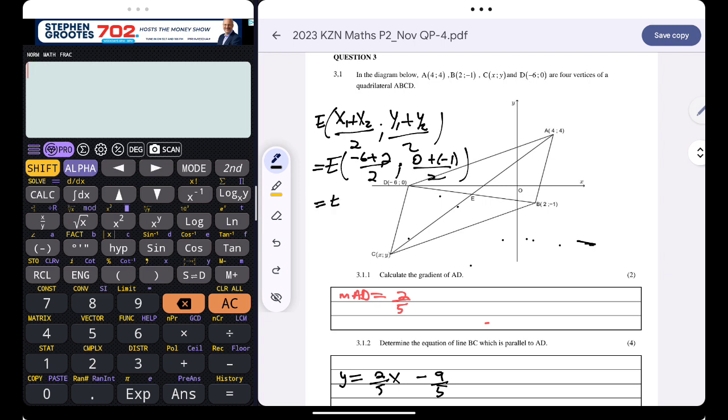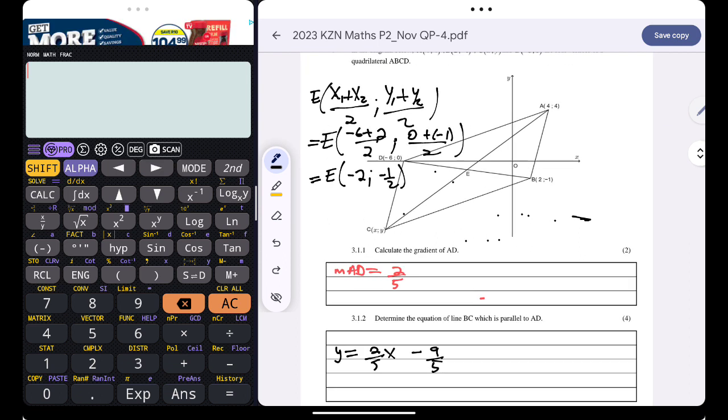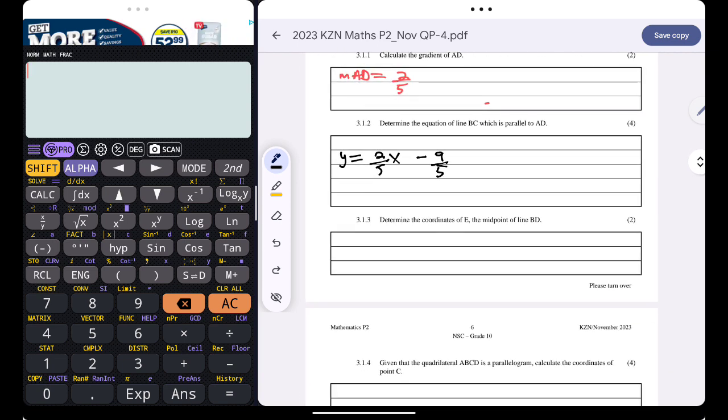And then I'll get my coordinates of E as -2 and -1/2. So E, according to the midpoint formula, is -2 and -1/2.